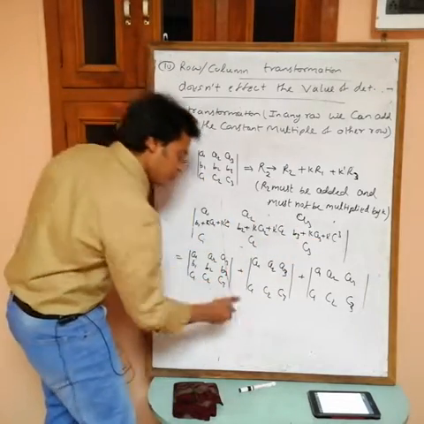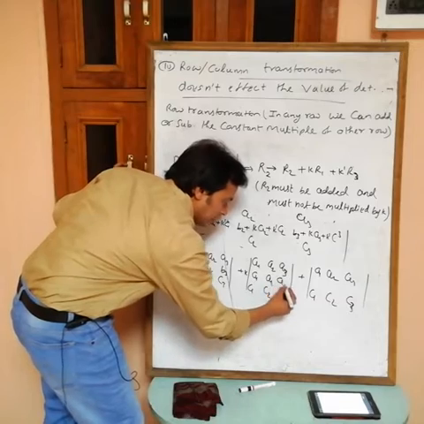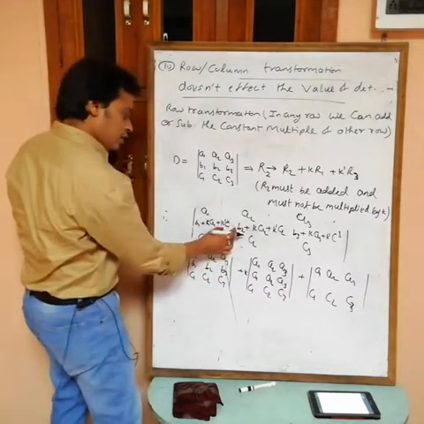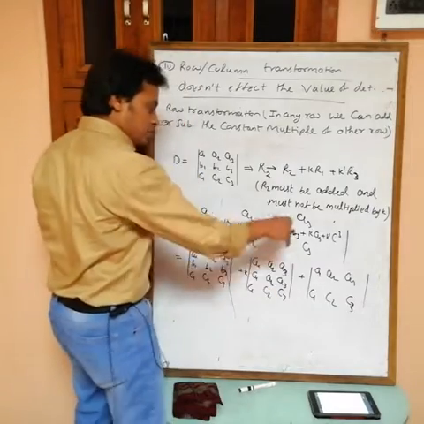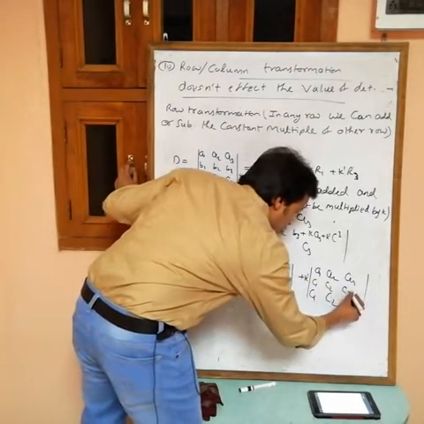Then from the second row I can take K common, then what becomes A1 A2 A3. Now in the third I am taking K dash C1, K dash C2, K dash C3. I can take K dash common, then C1 C2 C3.